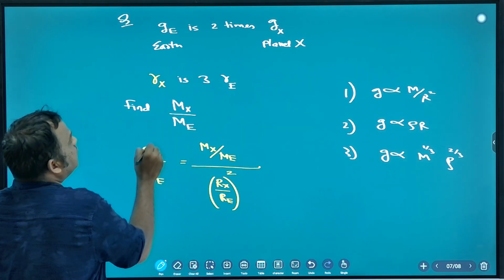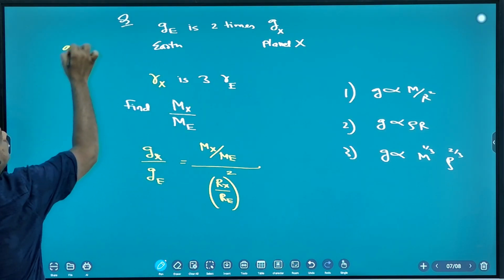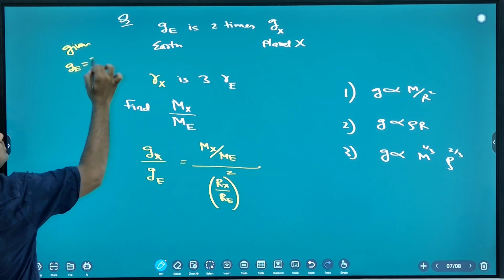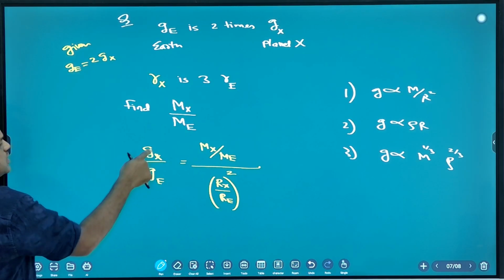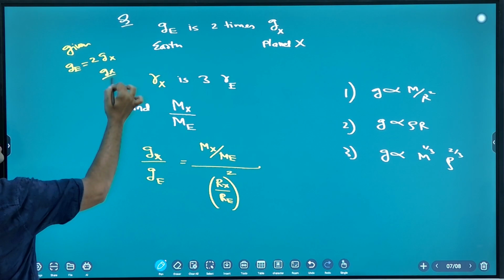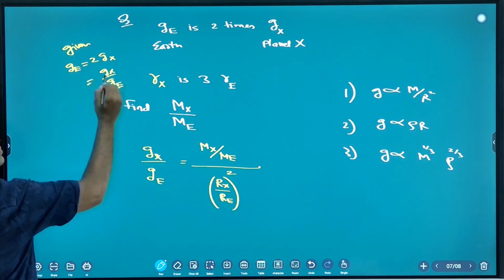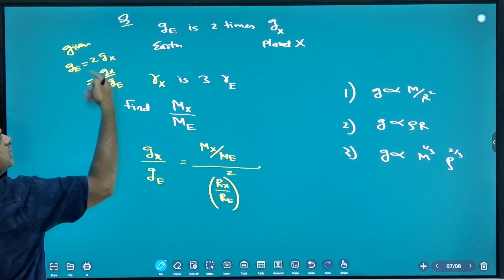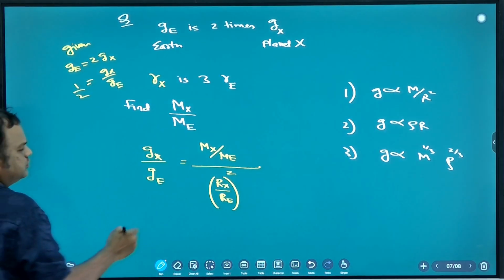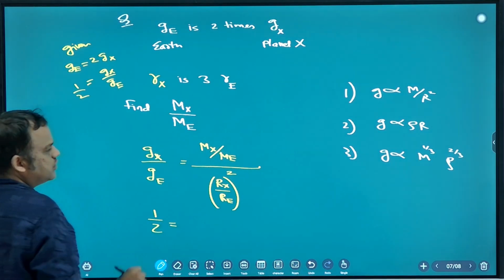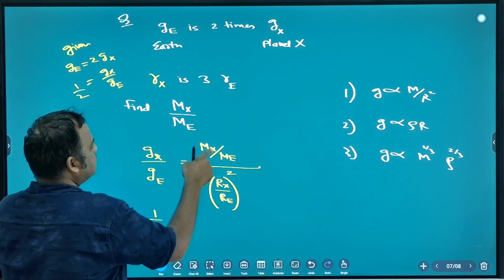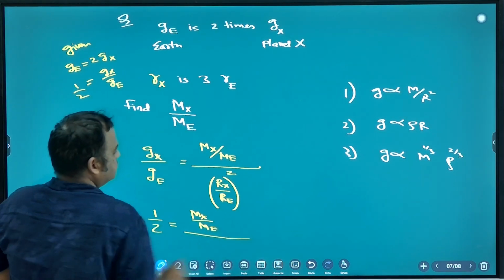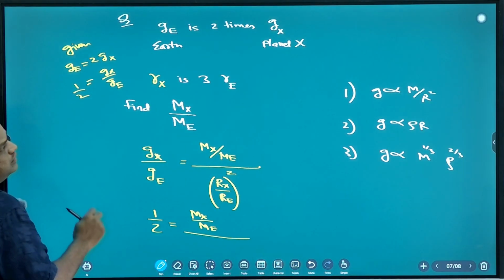Okay. So now what is given in question? Gravity of earth is 2 times gravity of X. So what is Gx by Ge? Gx by Ge, tell me. 2 or 1 by 2? 1 by 2. Then this is mx by me, rx by re.